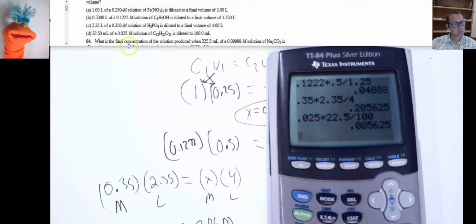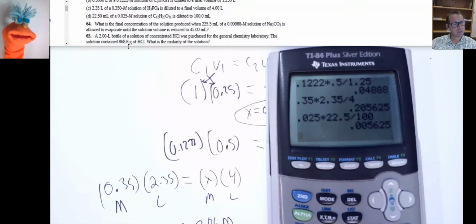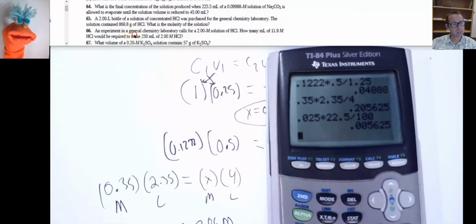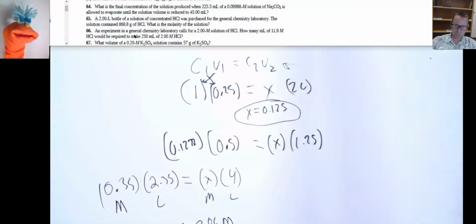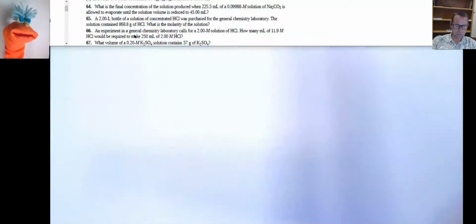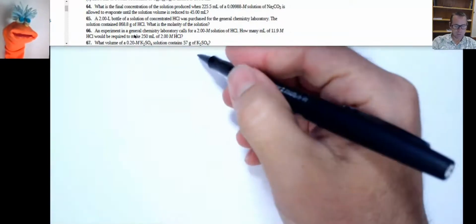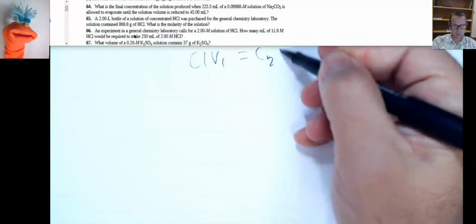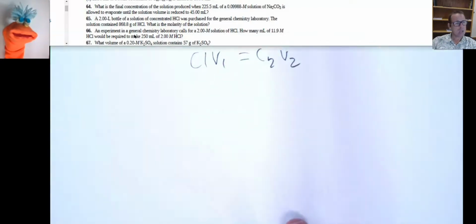Okay, final concentration of the solution produced when 225 milliliters of 0.09988 molar solution of sodium carbonate is allowed to evaporate until the volume is reduced to 45 milliliters. Okay, so C1V1 equals C2V2.